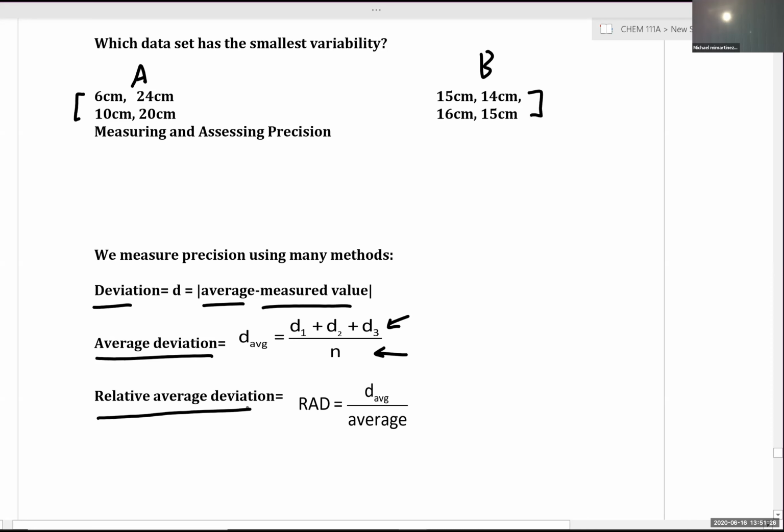Relative average deviation gives you an idea of how large the variability is in your data set, how large your deviation is compared to your measured values. So relative average deviation is the deviation average over your average value. And you'll see these a lot in the laboratory section.